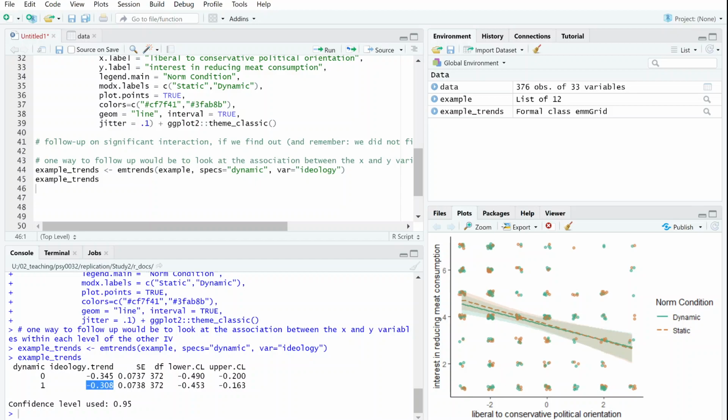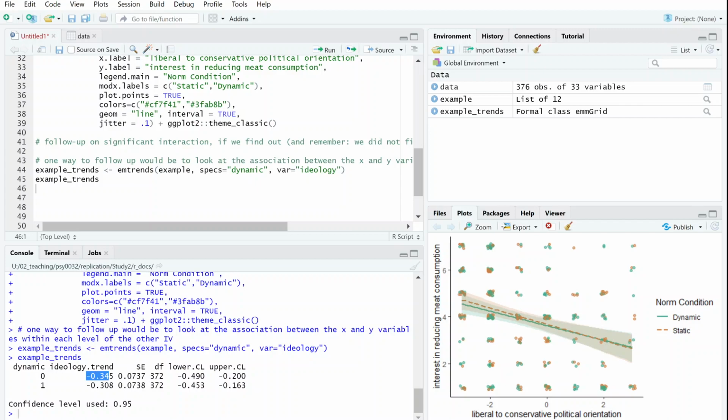Those numbers will seem really familiar, I should say, because we went through exactly how you compute those on the basis of the intercept and the other estimates in the model. We can also see lower and upper confidence intervals for both of those variables. We can see that there is no 0 in between those values, so both of these estimates are what we would call statistically significant.